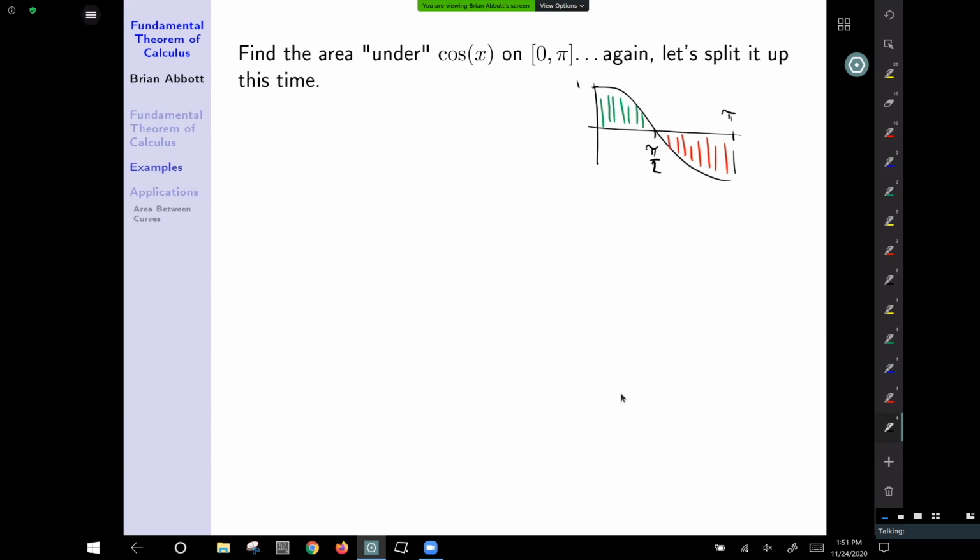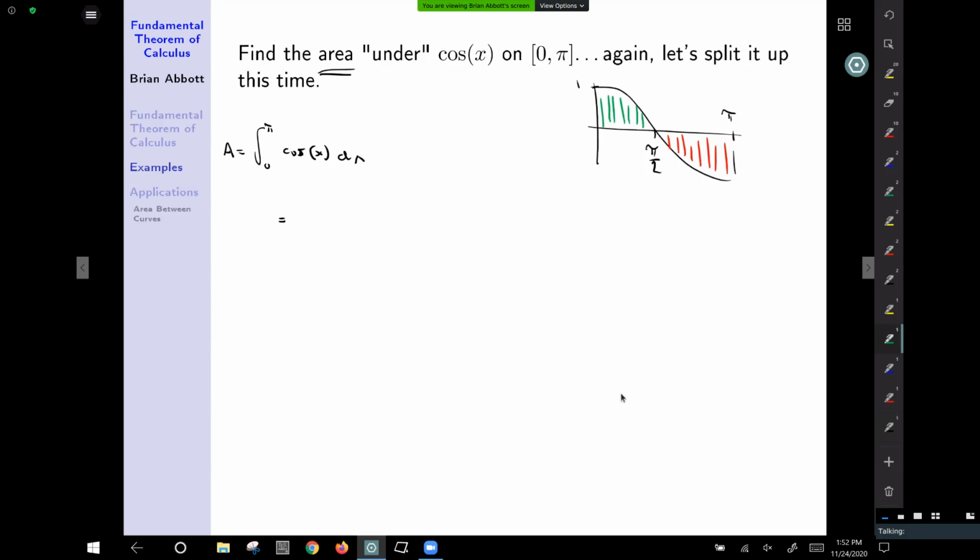So we are going to use some properties of definite integrals. We're interested in the area integral, the integral from 0 to pi of cosine of x dx. We just saw that that does not give us the answer, because I'm not asking about signed area, I'm asking for the actual area enclosed between the curve and the x-axis. Using the properties of definite integrals, we can split this into two integrals.